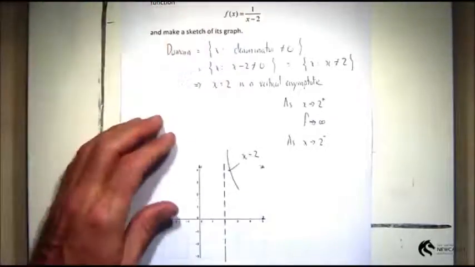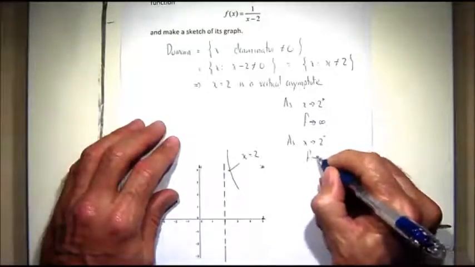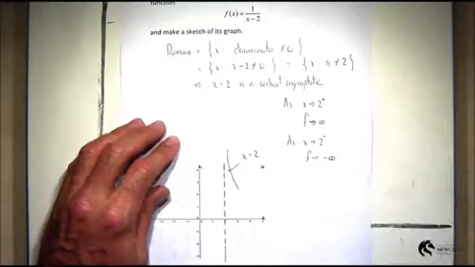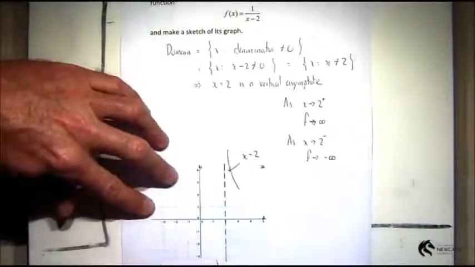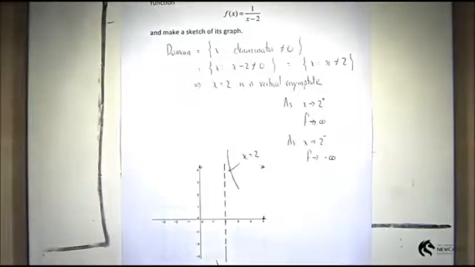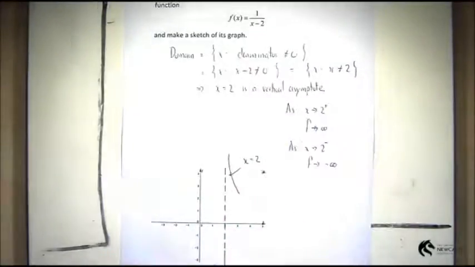So as x goes towards 2 from the left-hand side, f goes towards minus infinity, and this graph goes down there like that. Again, it's getting closer and closer to x equal to 2, but it never actually reaches it. And that's what we mean by a vertical asymptote.